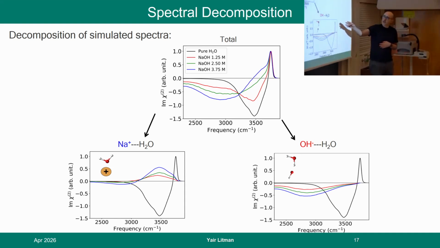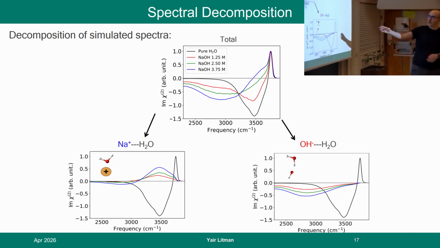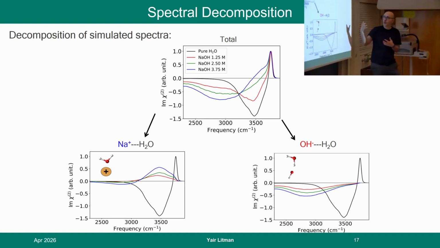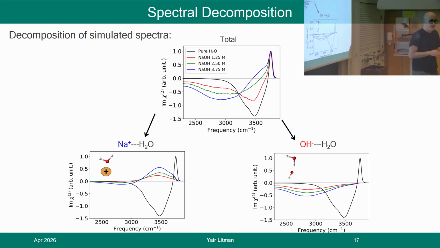And here on the right, we see that the water next to OH minus is oriented negatively. So here is a negative signal in the low frequency region, which gives you this continuity. So now we can explain that all these positive and negative changes are due to water in different environments.